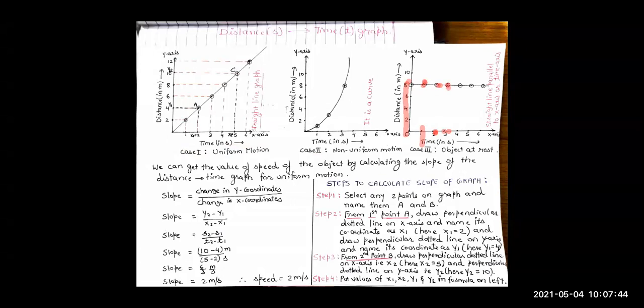At time t equals 3 seconds, again 8 meters. At time t equals 4, 5 and 6 seconds, the object is still at 8 meters. Means the object is 8 meters away from the origin. The object has not covered any distance. The object is at rest.